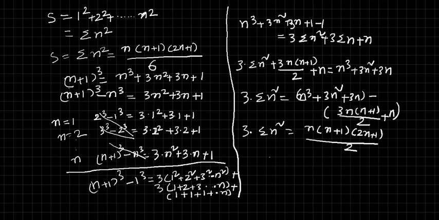If you further simplify this, sigma n square is equal to n into n plus 1 and then 2n plus 1 divided by 6. That's it.